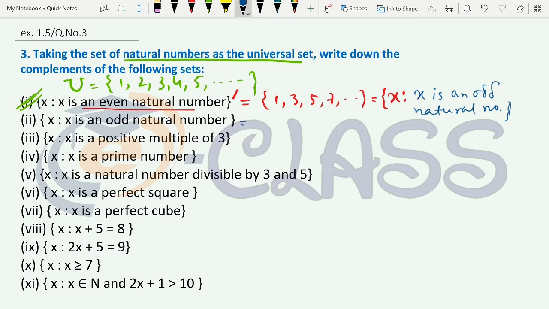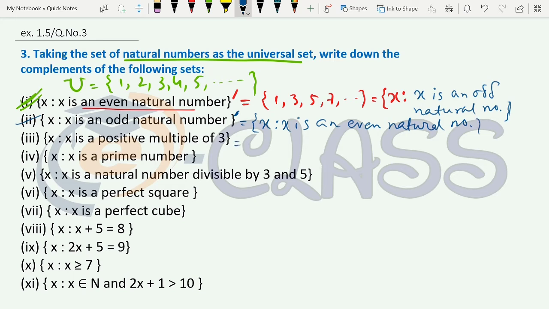Okay. Now the second one says x is an odd natural number. So the complement of this set is the even natural numbers. So x such that x is an even natural number. Okay.